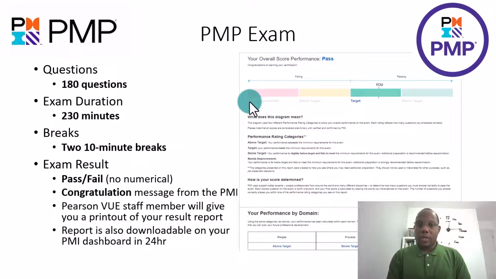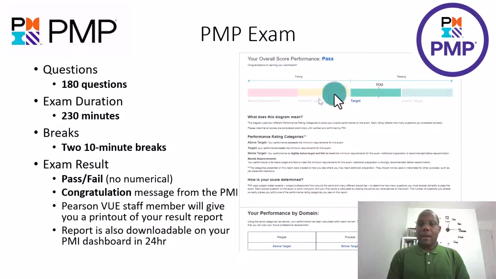Needs improvement says that you're far below the target, and therefore you failed the exam. Below target means you did well, but you're slightly below the target. You can still pass your exam by having below target in one of the domains, but I don't know which of the domains it has to be.